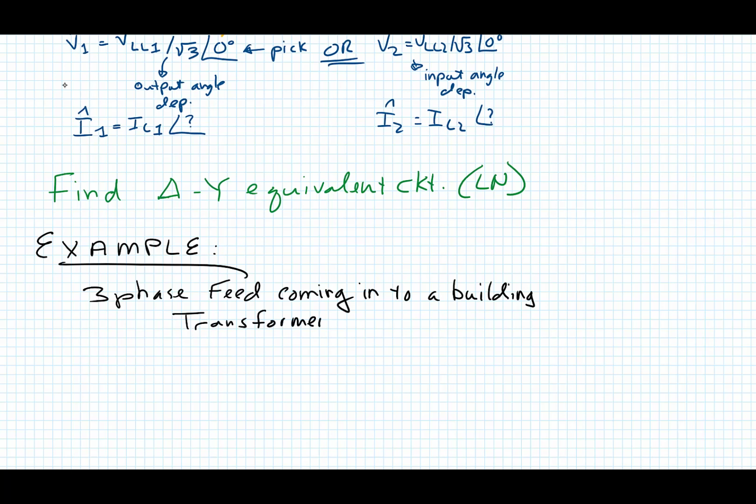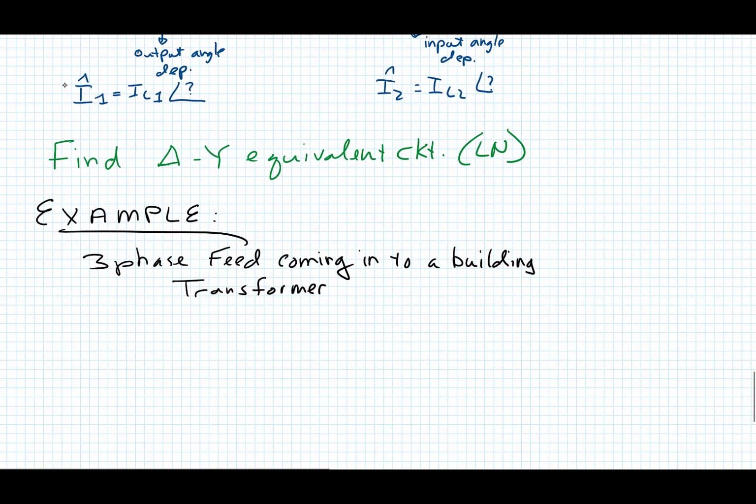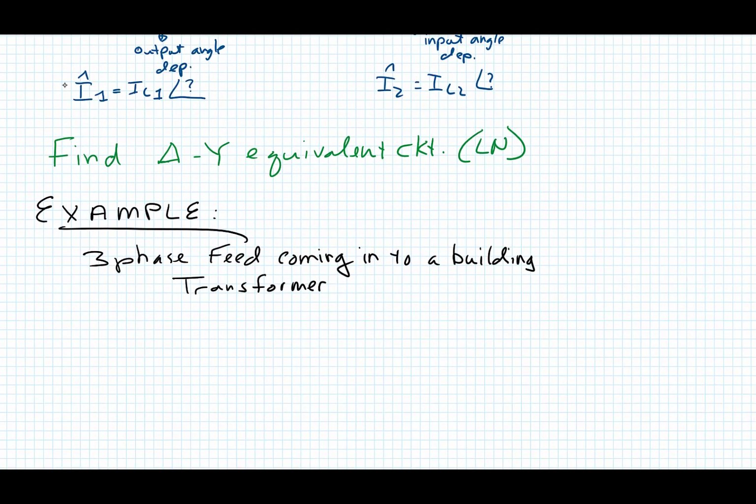So that transformer is, let's say, on the roof or something. It's a local utility fed phase, so it's probably in the 13.8 kV, 60 hertz feed. That's what we're talking about right here.